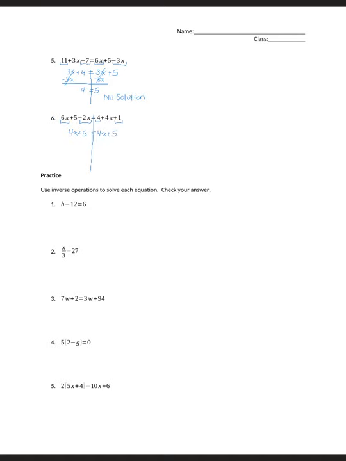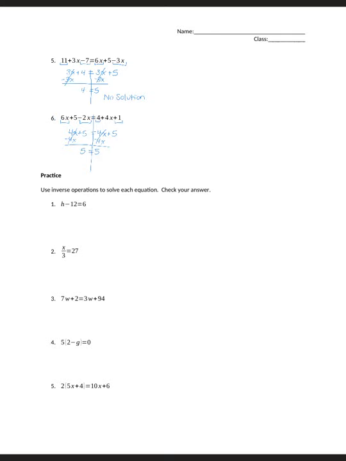Now right here, you have the same thing on both sides. So if you try to move something to one side or the other, it's all going to cancel out. If I try to move over the 4x, that cancels, and I'm left with 5 equals 5. Well, is that a true statement?